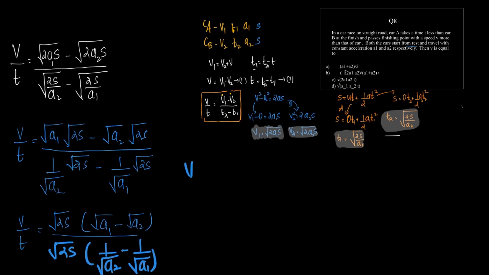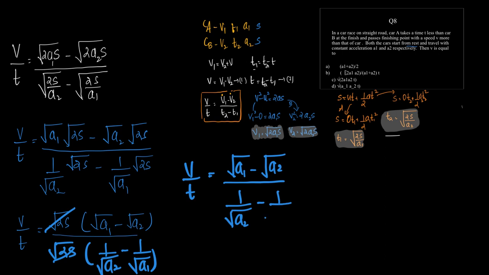Now root 2S and root 2S cancel. So V by T we get as root of A1 minus root of A2, the whole upon 1 by root A2 minus 1 by root A1.